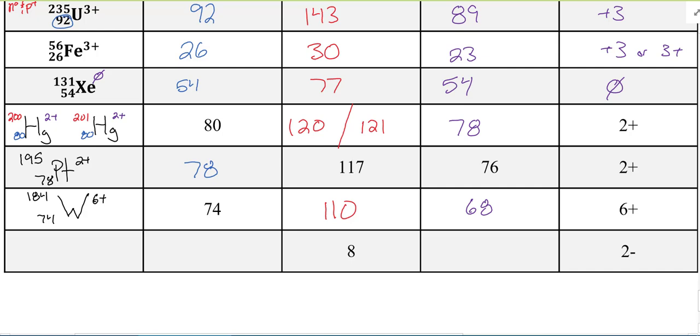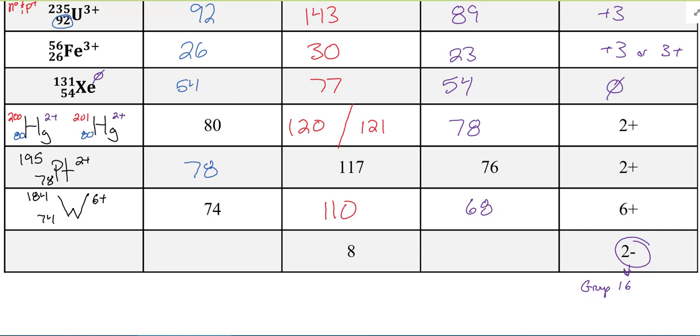Last one. Now, the last one is not as straightforward. We have 8 neutrons plus a minus 2 charge. Well, this minus 2 charge tells me we are in group 16. Right? Because the anions are pretty much fixed. So group 16. Which of those, chances are, will have 8 neutrons?